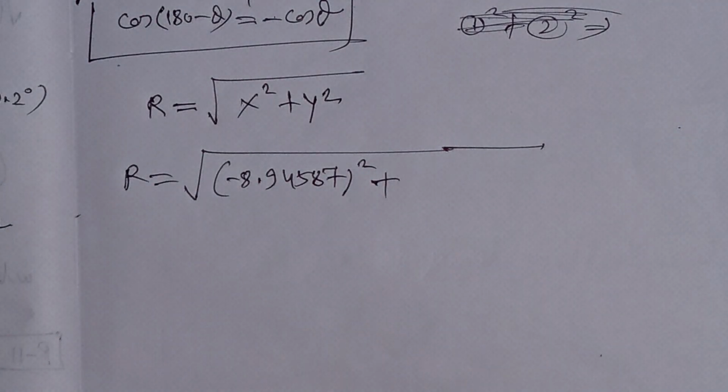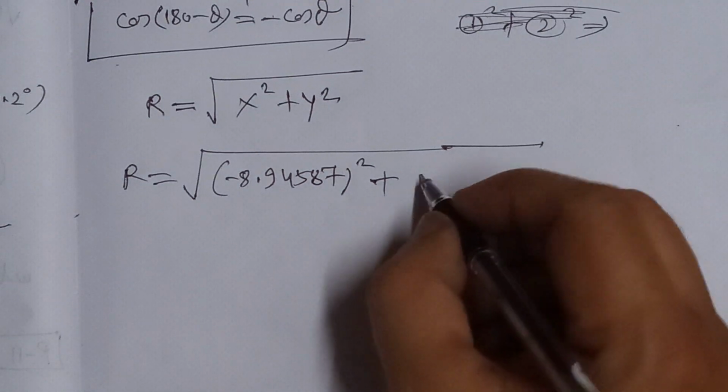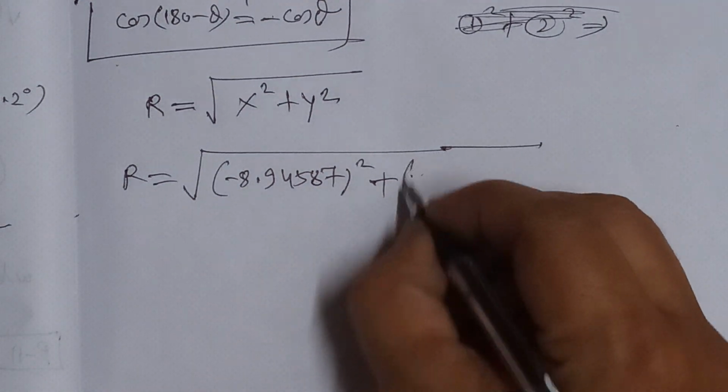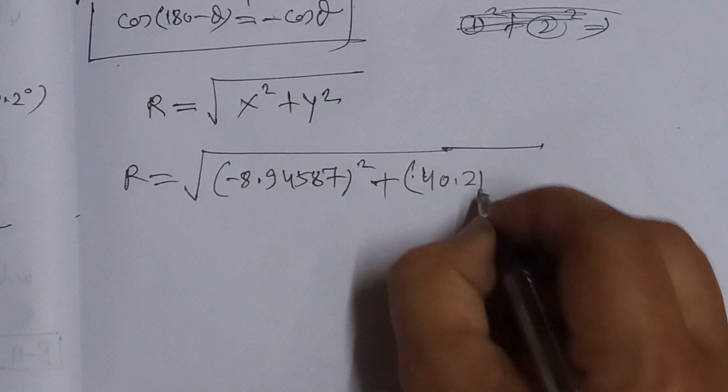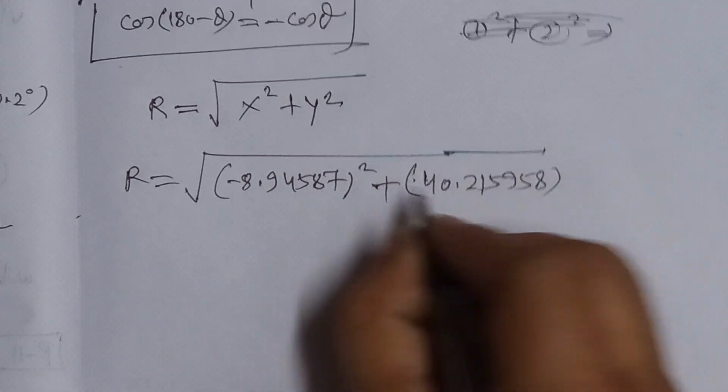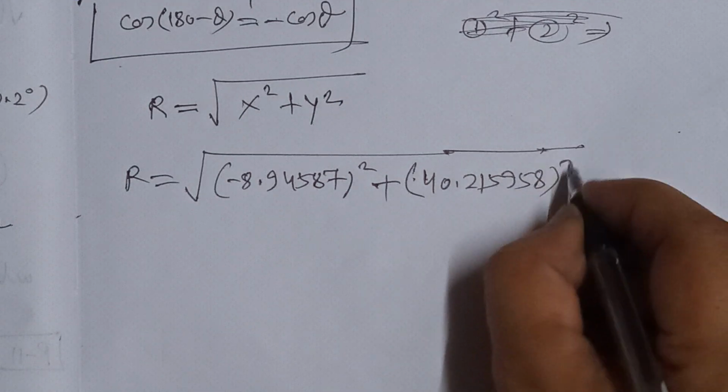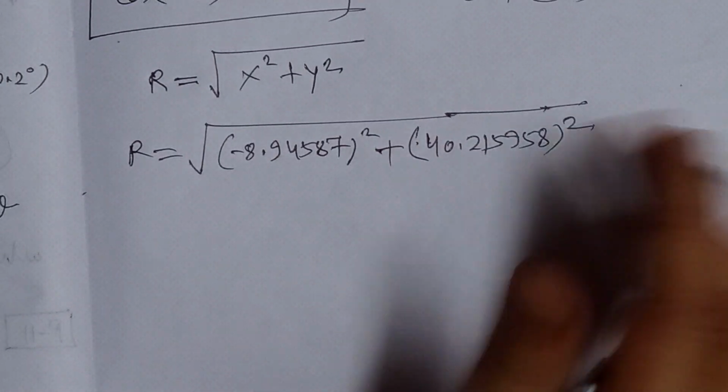It can vary with the rounding of cos and sin decimal places, so it may differ. The value of Y is 40.215958. This is an approximate value, not an exact value, so the answer will differ.